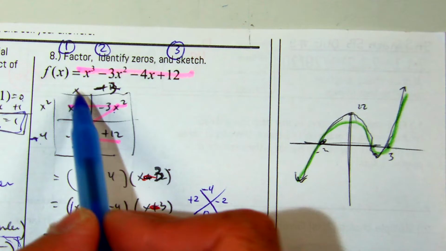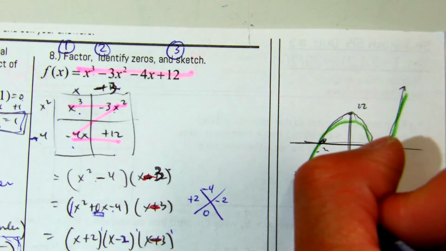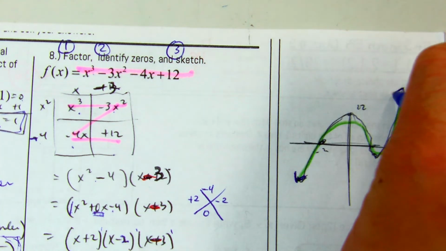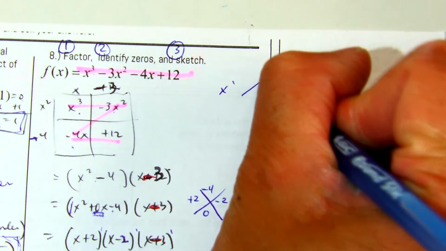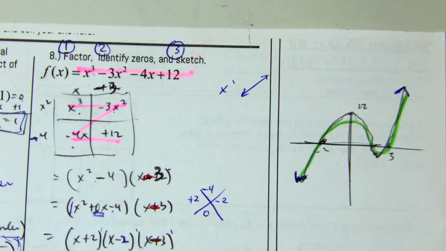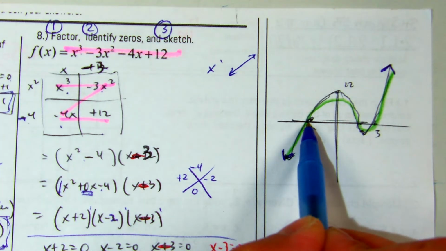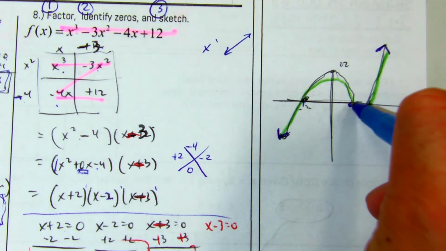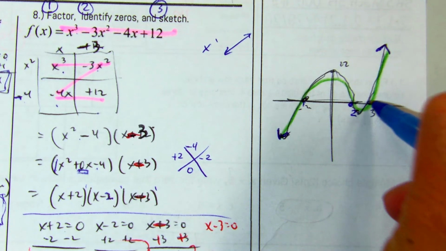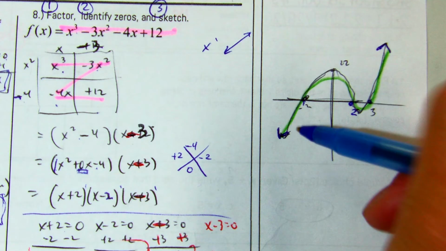So that means it is an odd degree, starts down, ends up, just like x to the first. I have negative 2, positive 2, and positive 3. There are going to be shoot-throughs on all of those. Y-intercept is 12.